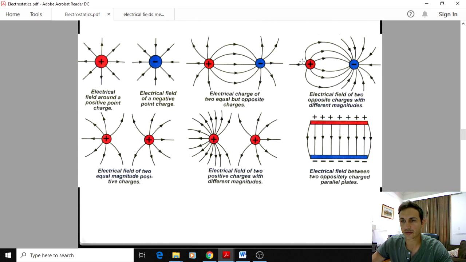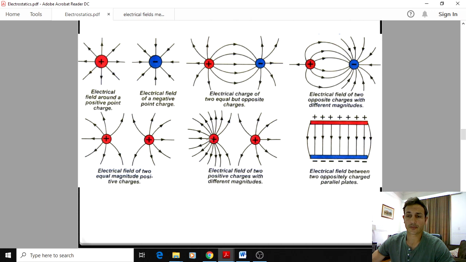Here we have another positive and negative charge: the electric field of two opposite charges with different magnitudes. You can see the density around this negative charge is higher than the positive. Here are two like charges. The lines will not intersect here, they will repel each other, so they won't cross. You need to be able to draw these scenarios.